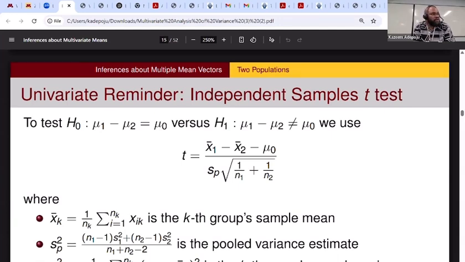If you really want to understand the multivariate technique, you need to first get yourself familiar with the univariate technique, because what we're going to do is just the extension of the univariate technique.